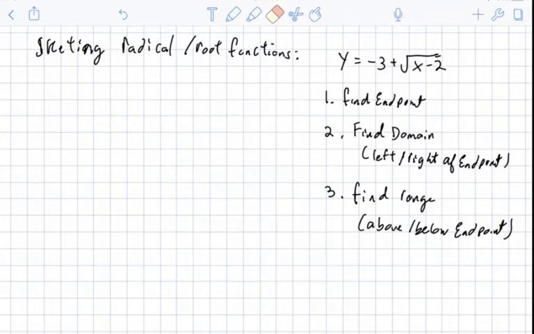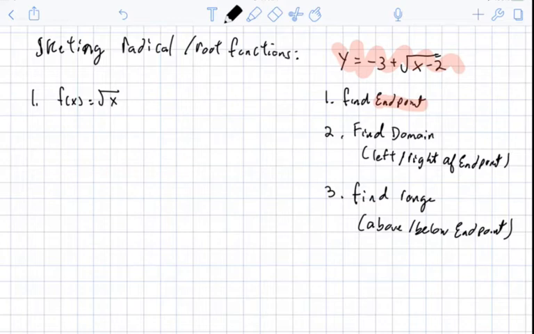First, let's talk about the root. Figure out the endpoint. All of the behavior of this weird expression comes from the square root function. Okay?